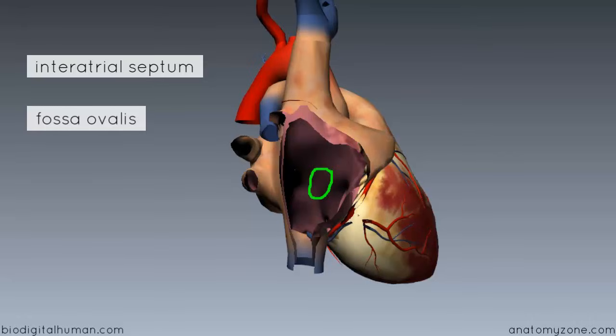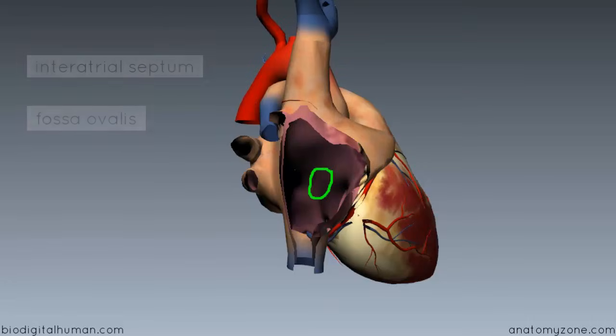It's essentially a remnant of the embryonic foramen ovale, which in the fetus allows blood to pass from the right to the left atrium. So it's actually open in the fetal heart, and you get this flow of blood from the right to the left atrium, bypassing the lungs, which aren't functional in the fetus. But in the adult it should be closed. So this is the fossa ovalis on the interatrial septum.